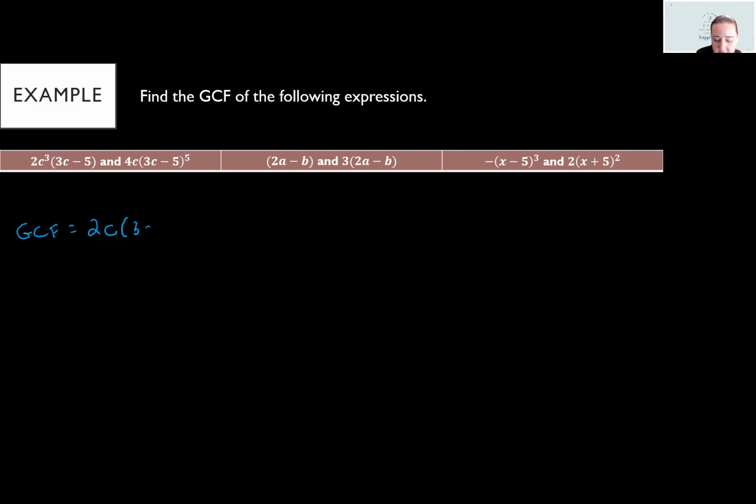So we're going to have 3c minus 5. And you don't need to multiply that out. You can just write it like this because the greatest common factor is a factor. It's something multiplied together. So you don't multiply it out, you just write it there, and you're pulling from each term the biggest thing that you can divide out.